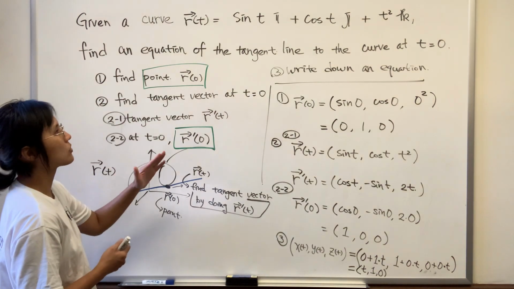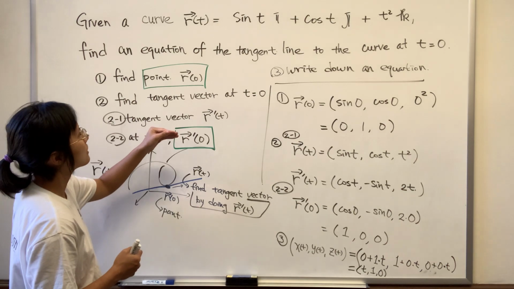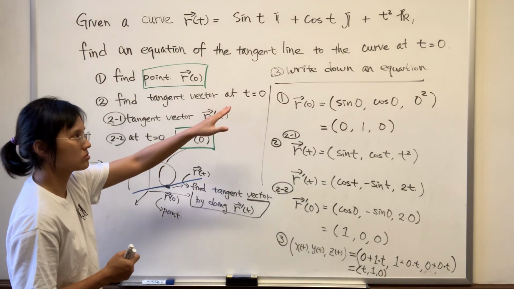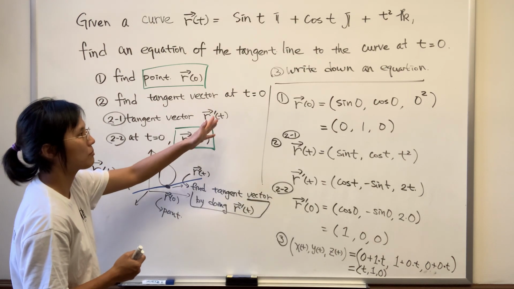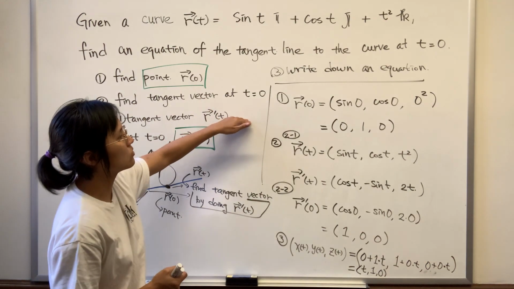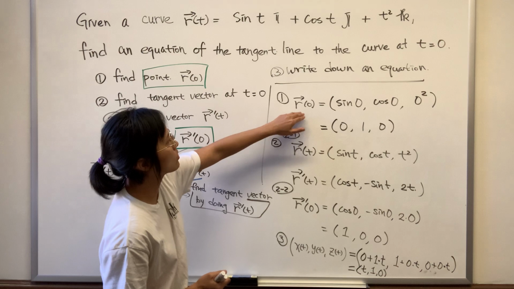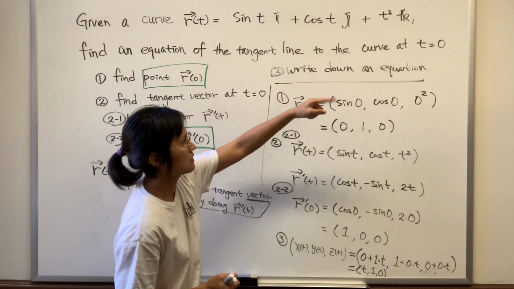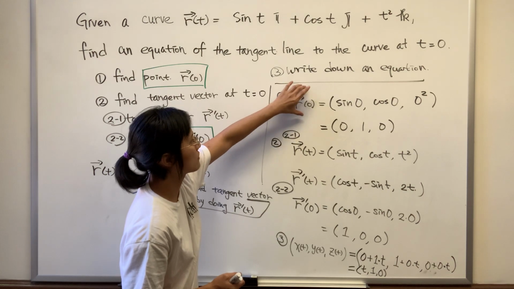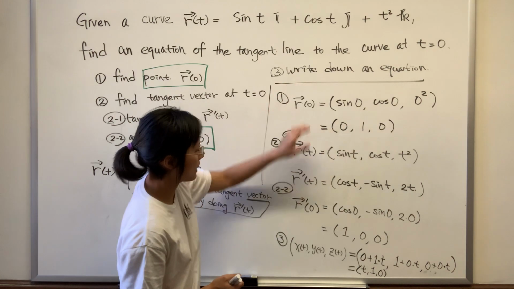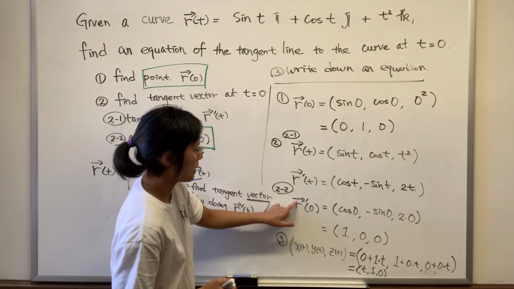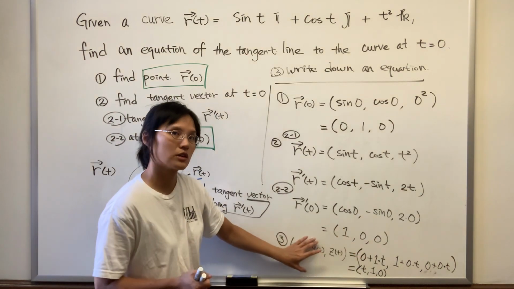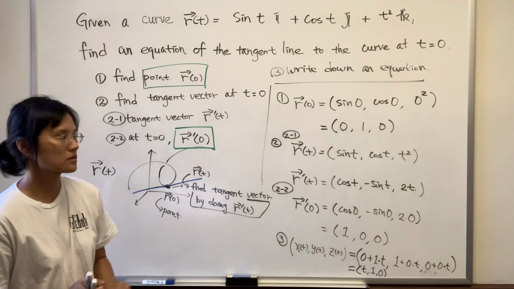If we want another tangent line at, let's say, t equal to half pi, you do the same process, but you evaluate at half pi. So here you have r(half pi), and here you will have r'(half pi), and you put things together for the equation. I hope this is clear.